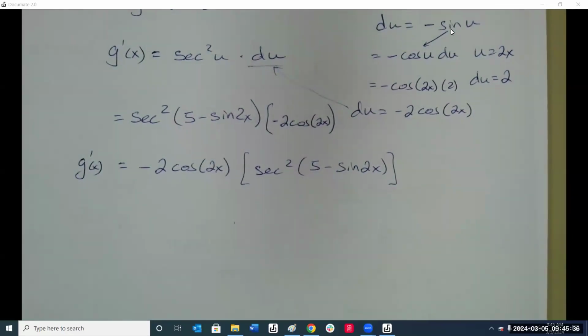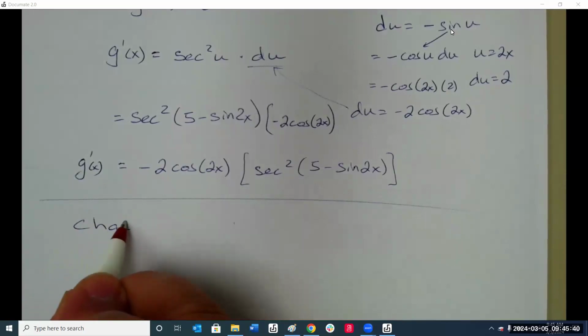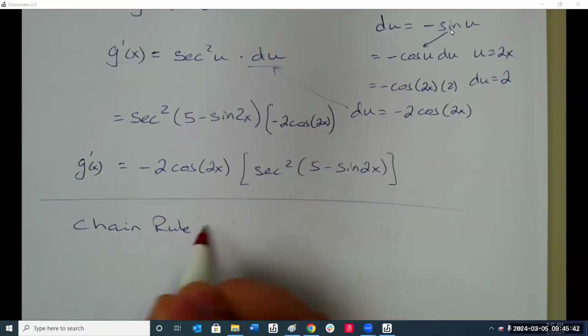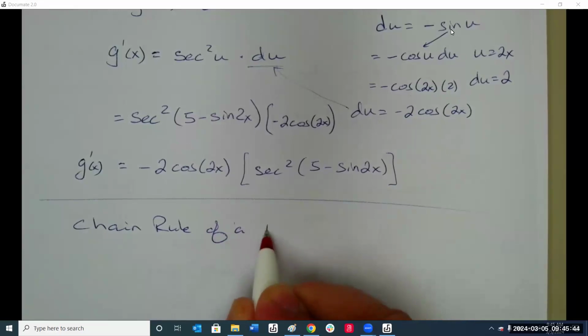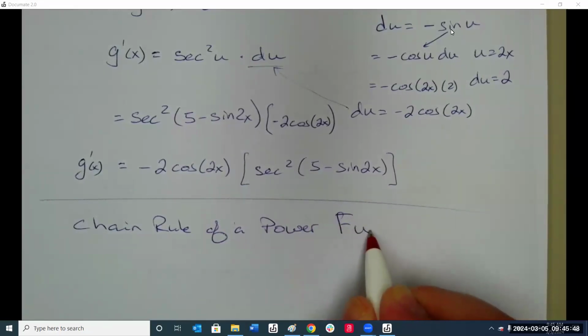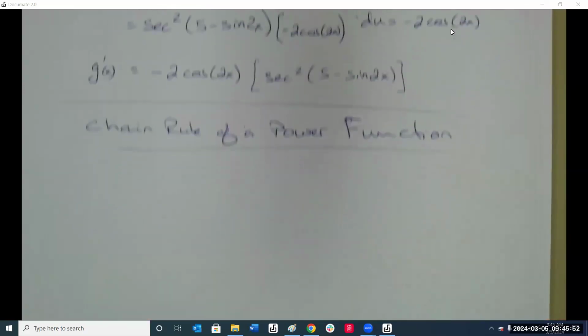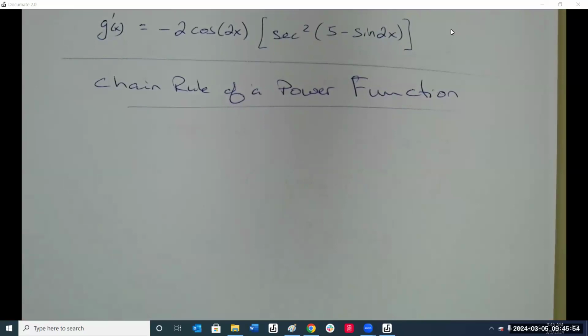The chain rule of a power function, let's look at example 6. This is stuff we've been doing already.